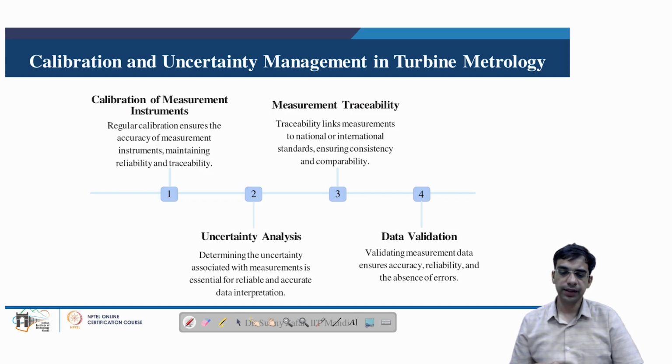Measurement traceability links measurement to national or international standards, ensuring consistency and comparability. And lastly, data validation, that is validation of measurement data, ensures accuracy, reliability and absence of errors.